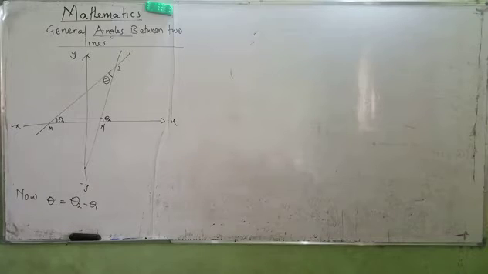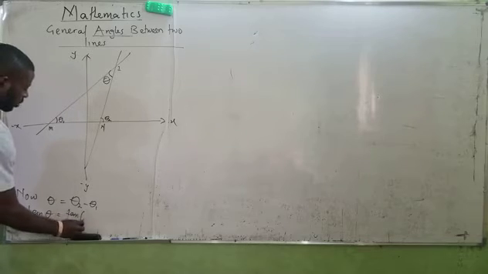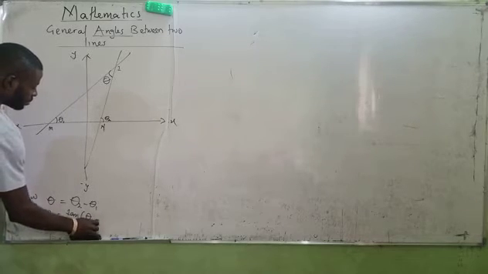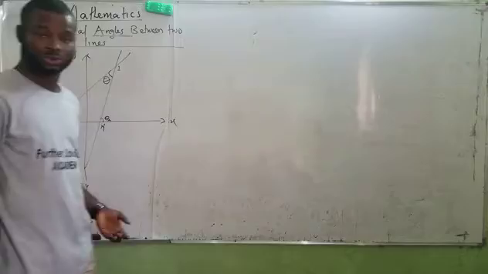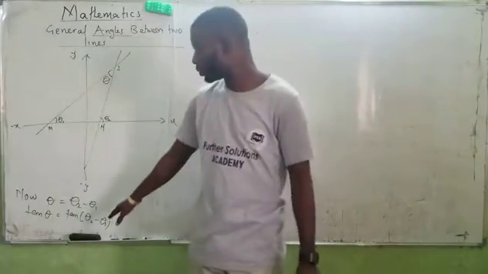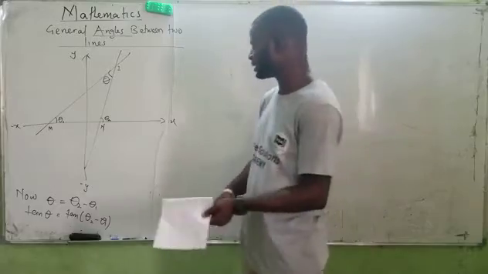Now, if I relate this, I can say that my tan theta equals tan of theta 2 minus theta 1. By so doing, go back to your trigonometry functions, the double angles. We have sine, cos, and tan.